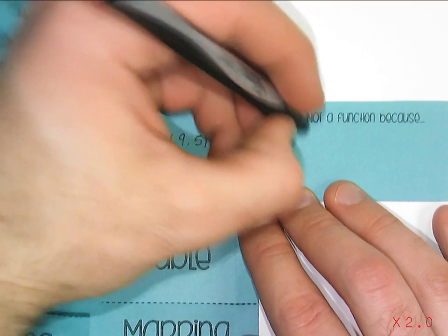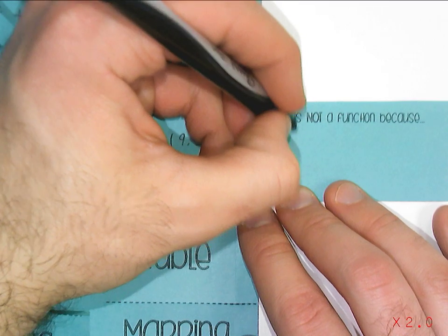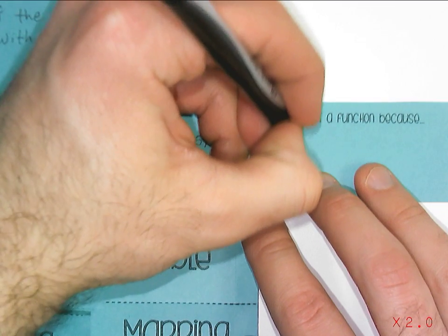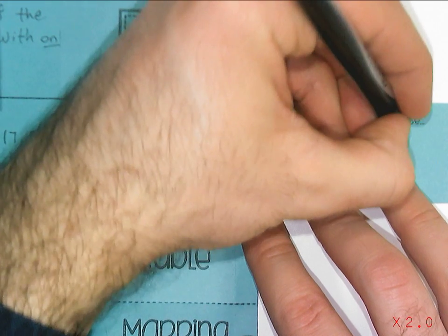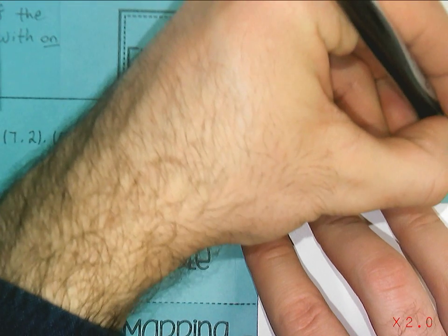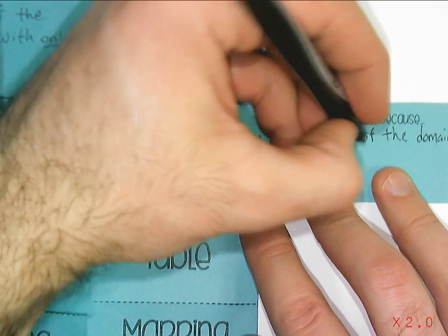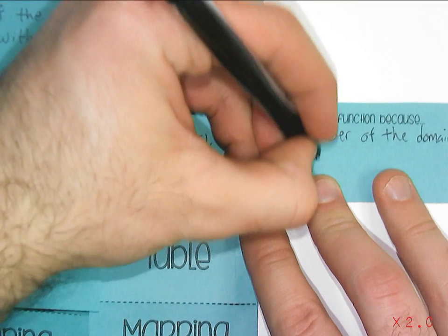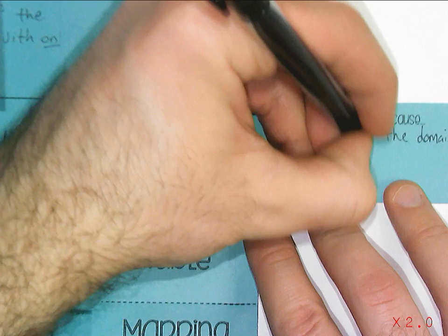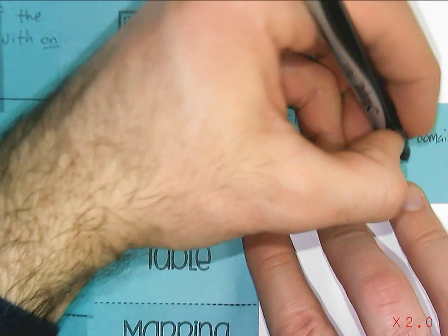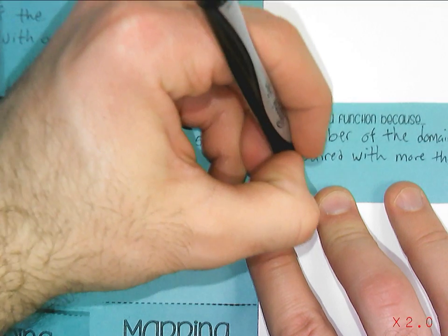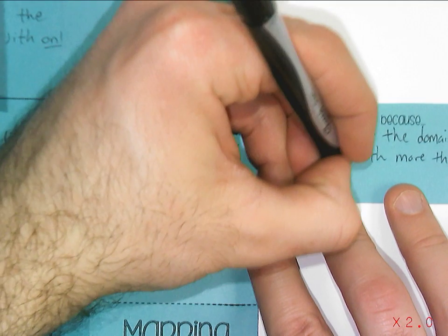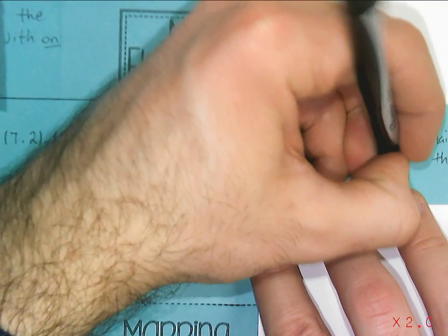So we could say a member of the domain is paired with more than one member of the range.